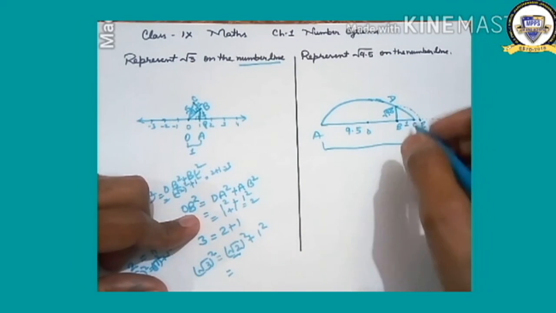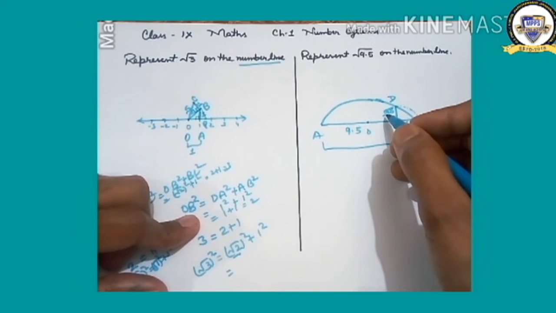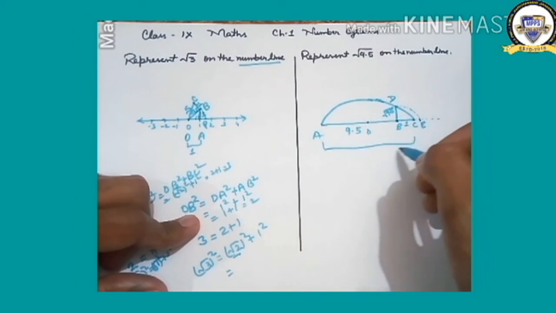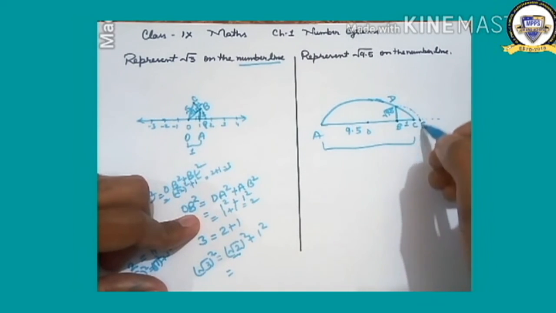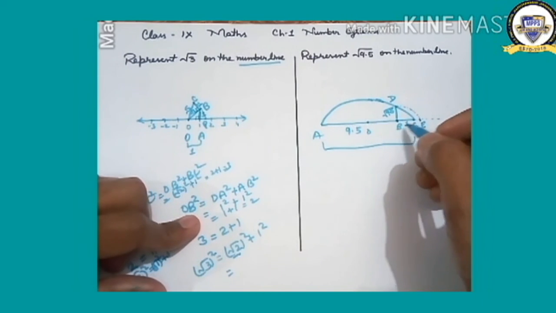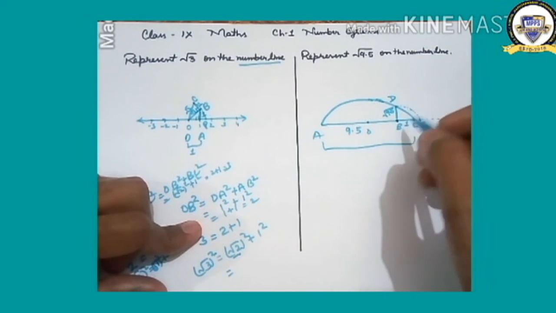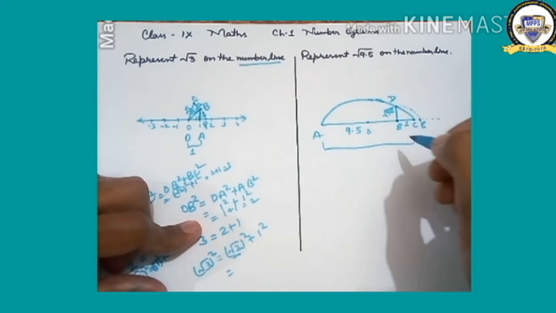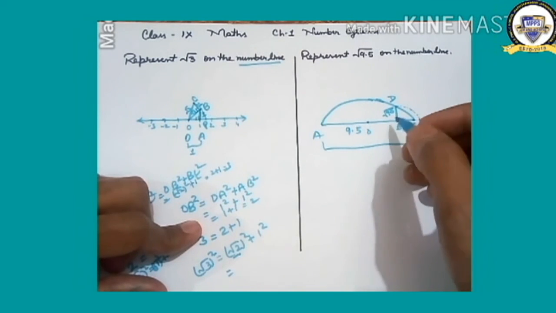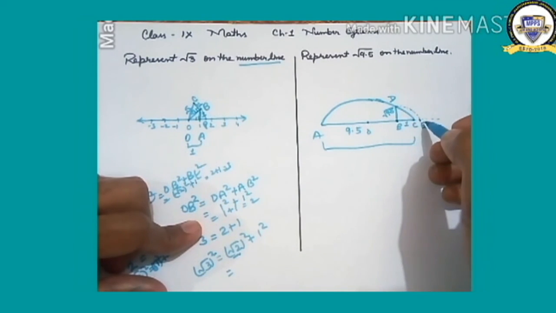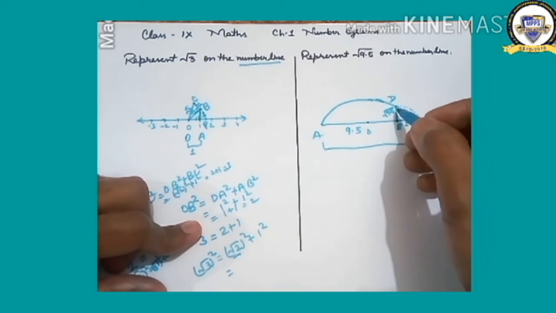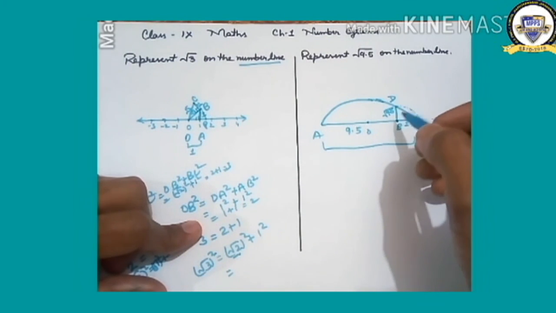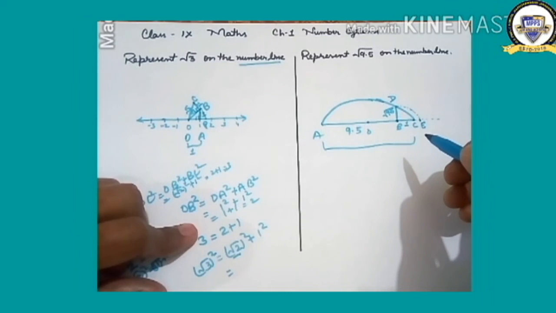That means BD equals BE equals square root 9.5, because if you complete the arc, you will get a circle, and in the circle all radii are the same. So BD and BE will be the same. So BD equals BE equals square root 9.5.